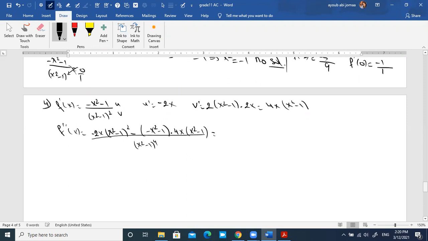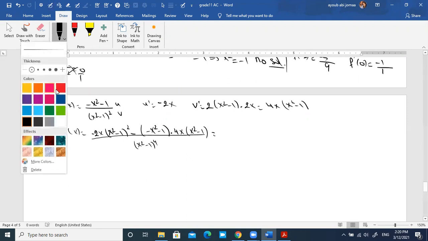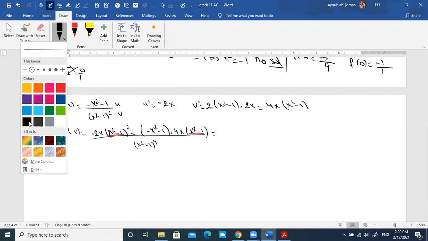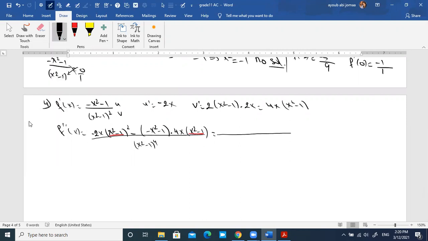Now, it is equal to, we have common x squared minus 1. So take x squared minus 1 in common, between brackets.